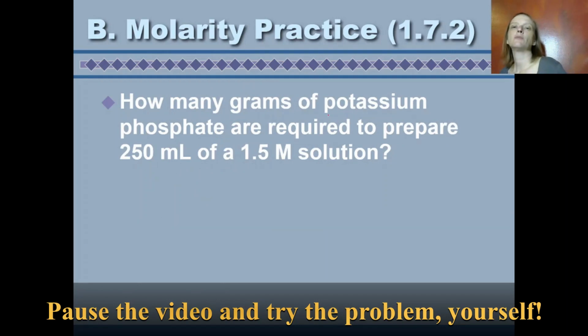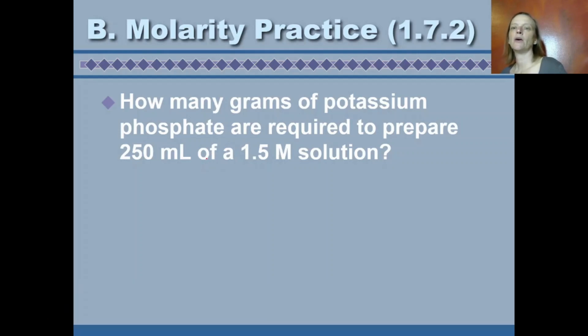How many grams of potassium phosphate are required to prepare 250 mL of a 1.5 molar solution? Okay, this time I want to know grams, and we've already been reminded before that we can convert pretty easily between grams and moles. So when I write down my equation, that concentration in molar equals moles divided by liters, and I see that I've got a concentration and I have a volume.